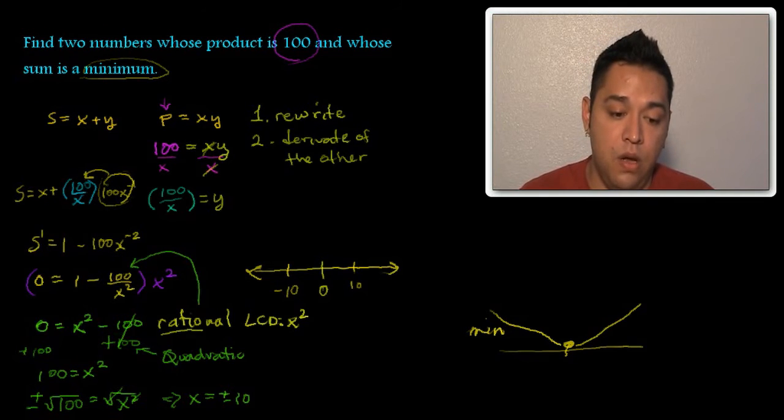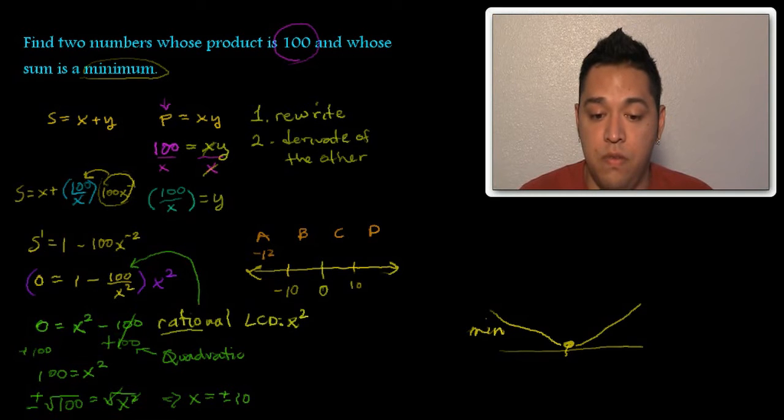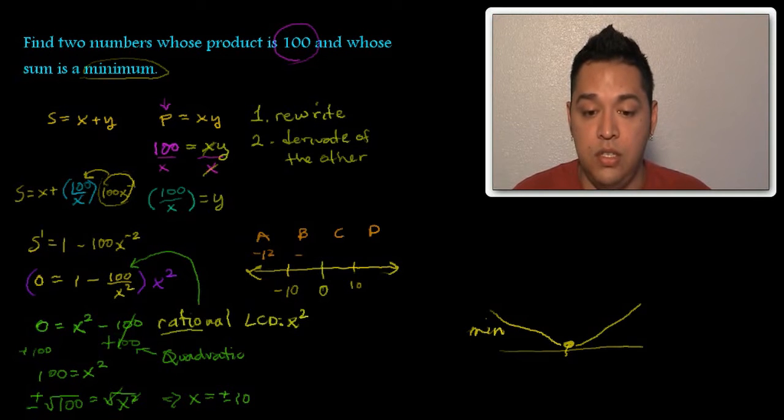To figure out when that happens, we need to test these regions, A, B, C, and D. A number that is less than negative 10 would be negative 12. A number between negative 10 and 0 would be negative 5. A number between 0 and 10 would be 5. How about, you know what, let's use 1. That should be easier. And 12.